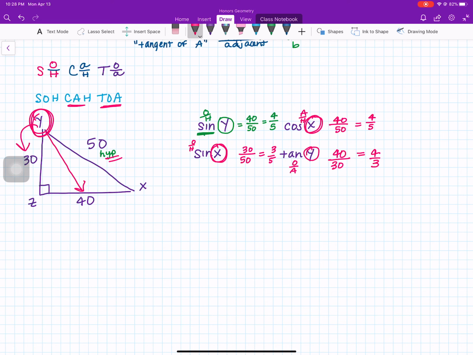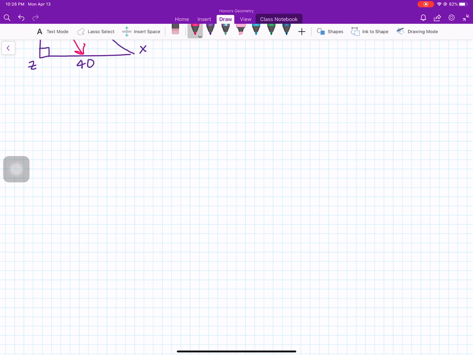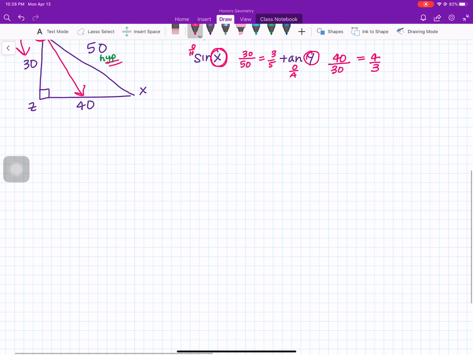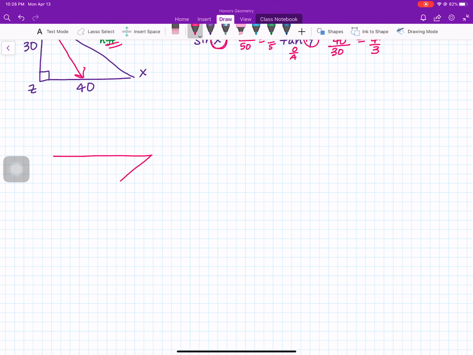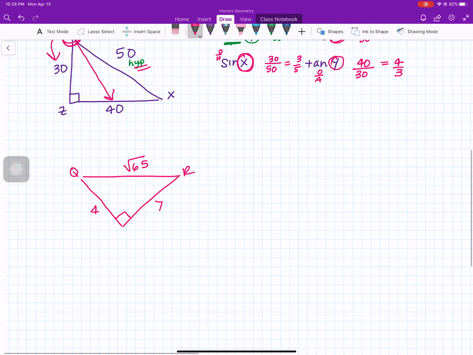Let's look at a triangle that has a radical in it. And we'll call this triangle QRS.